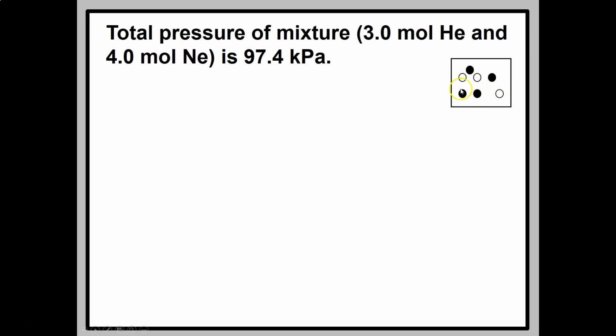I have 3 moles of helium and 4 moles of neon all in the same container. And what I want to know is what would the pressure be if I only had the white circles? What would the pressure be if I only had the black circles? Those are the partial pressures. 97.4 is the pressure of all of them together. What would they be by themselves?